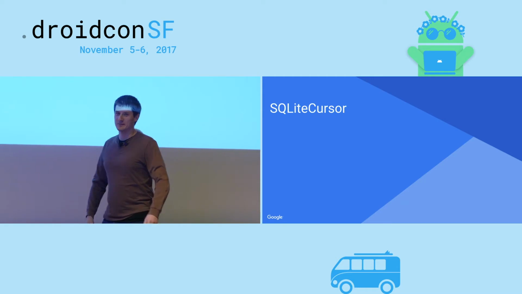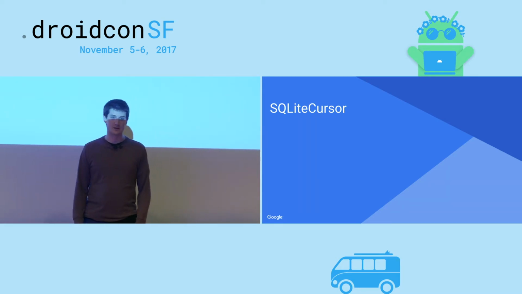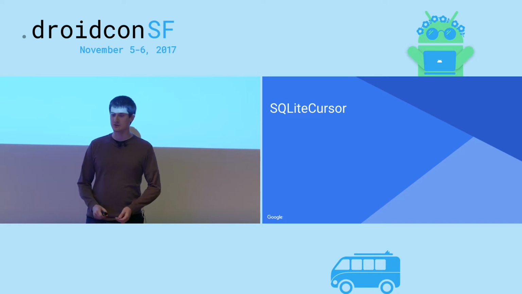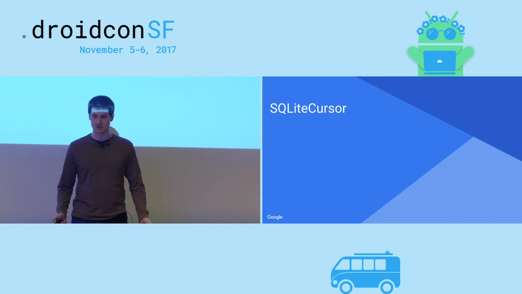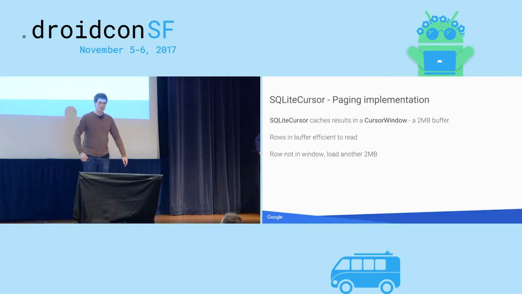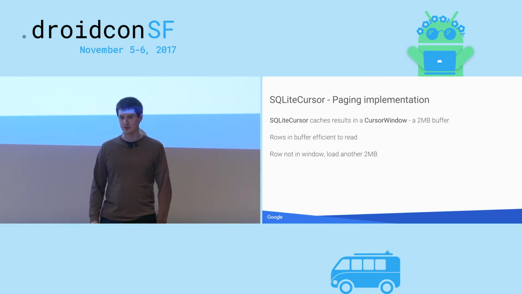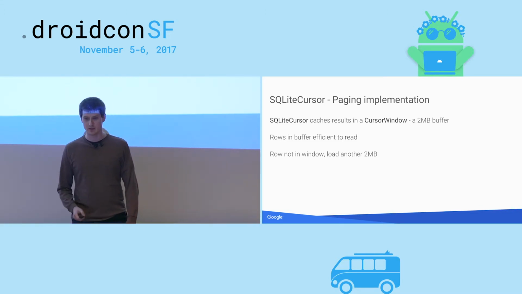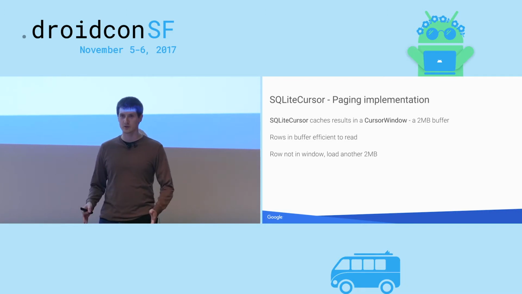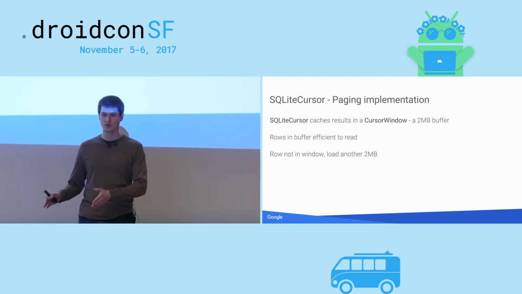All right, so you talked a lot about the problems with async list util and the state of the world with cursor adapter, but there's still this paging implementation inside of SQLiteCursor, the actual API by which you access queries from SQL in Android. Let's look a little bit deeper into that and see what we might do with it. SQLiteCursor has a paging implementation inside. It has a cursor window, a 2 megabyte buffer that it will load in chunks.